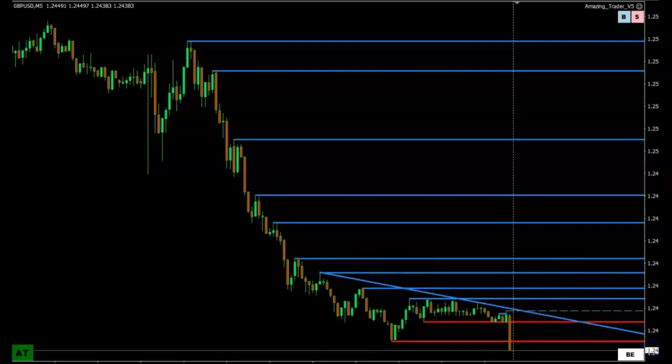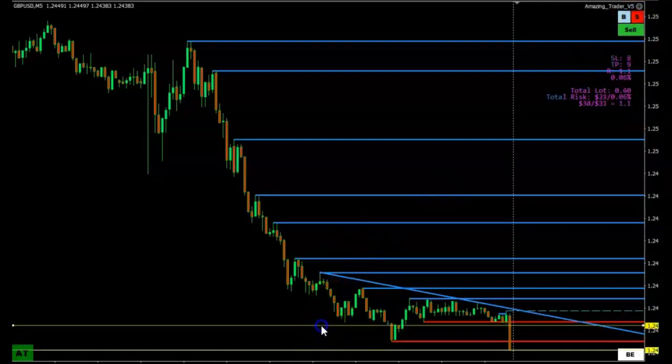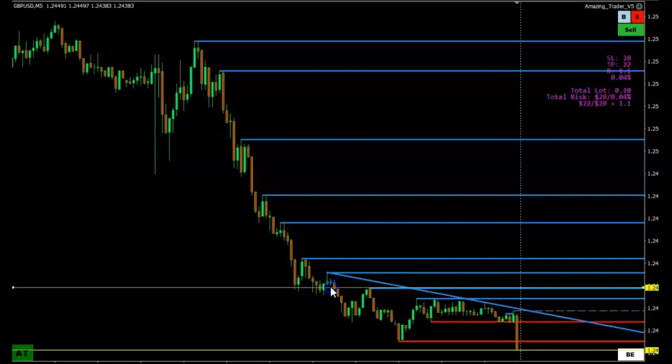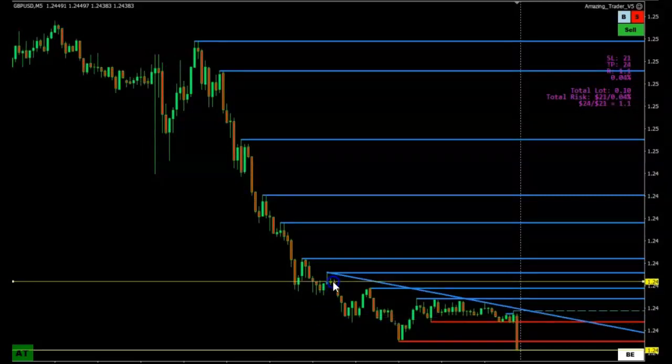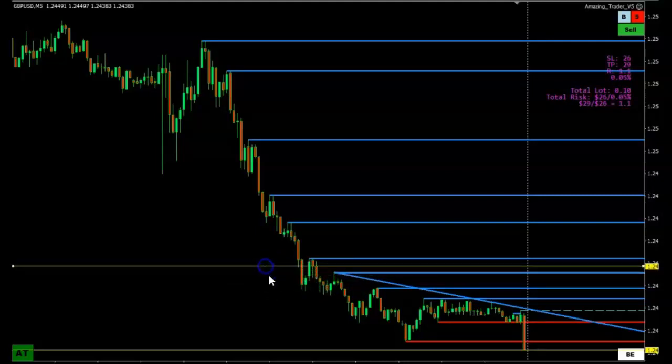If you used our risk management tool and you put your stop simply like this above the Amazing Trader line, you sold, well, the stop would be above here. You could have grabbed a piece of the action.